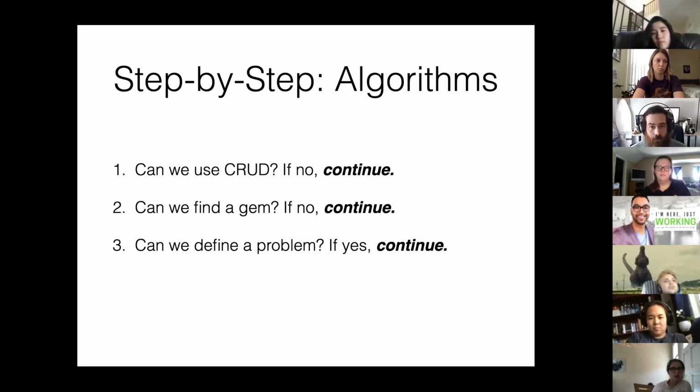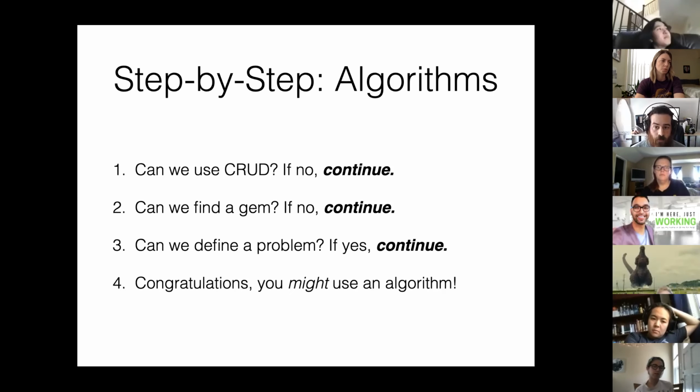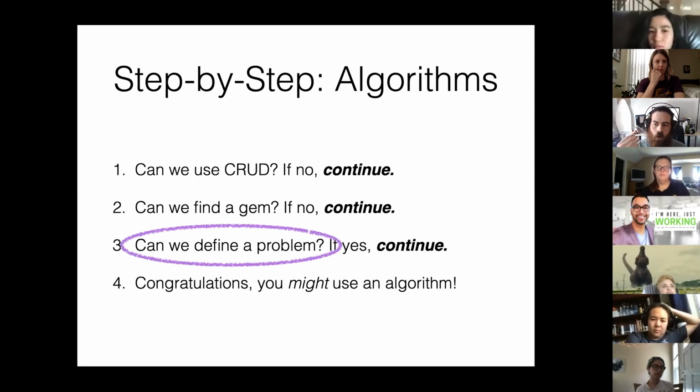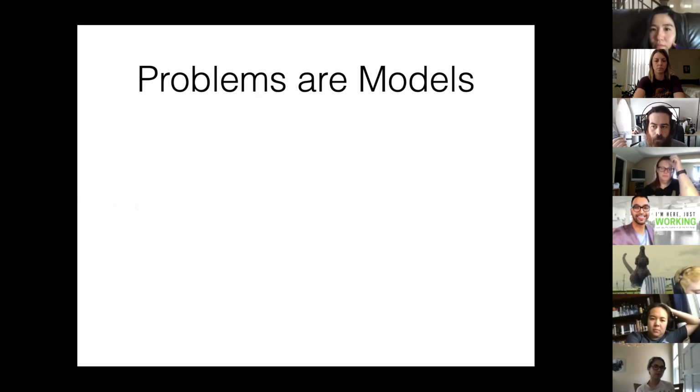If there's no gems to solve your problem, well, then you're stuck writing down that precise input-output rule model. And if you can convince yourself that you can accurately model your situation, then congratulations, you might actually be able to use an algorithm if there's an efficient algorithm for your problem. Again, it all hinges on this process of defining a problem, which is fundamentally a modeling question, a translation question.